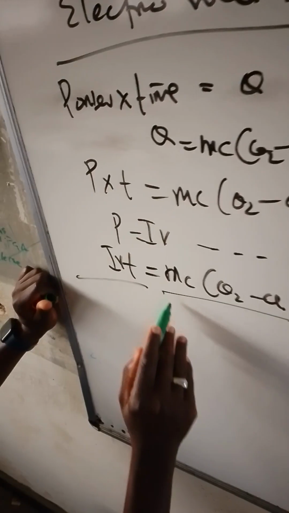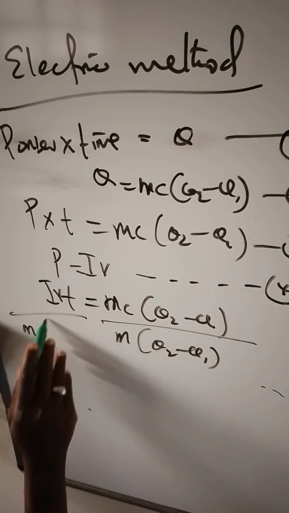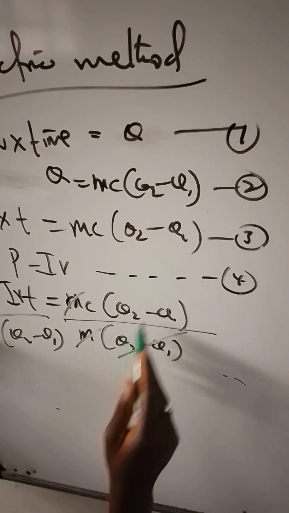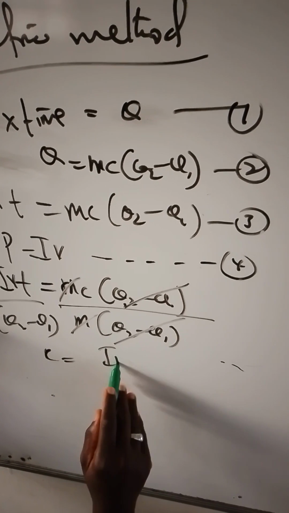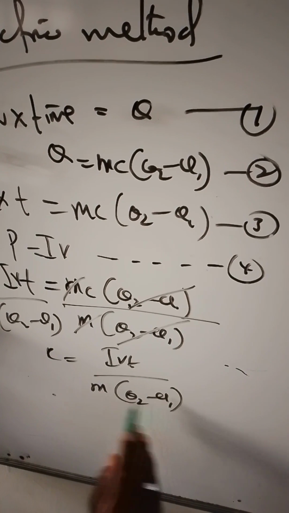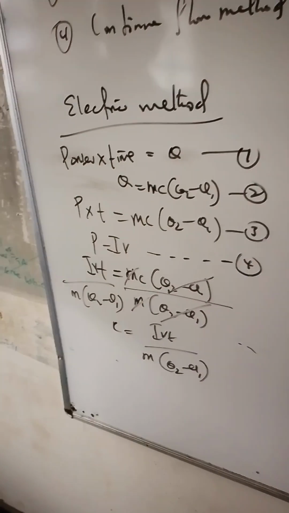We divide both sides by M (θ2 − θ1). M cancels M, and (θ2 − θ1) cancels. Then we have C is equal to IVT over M (θ2 − θ1), as the case may be.